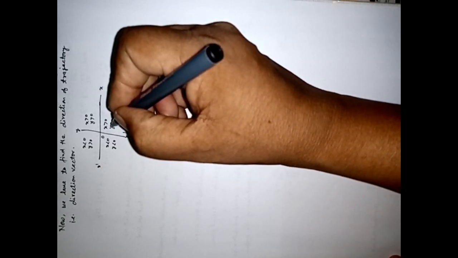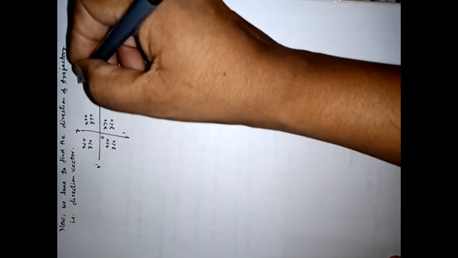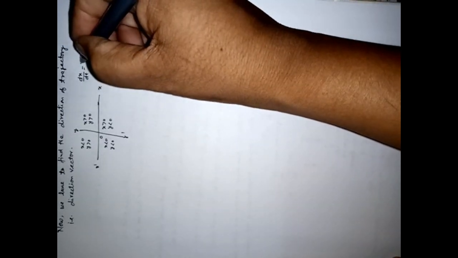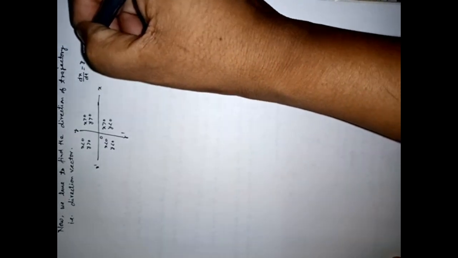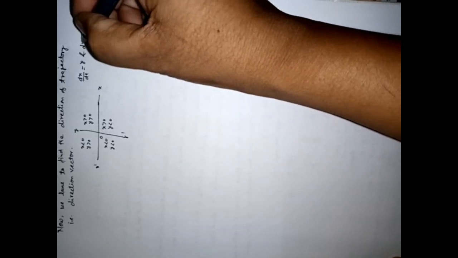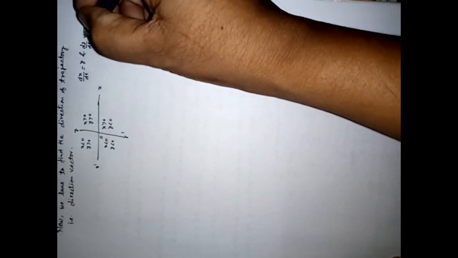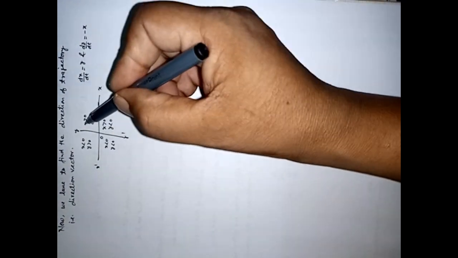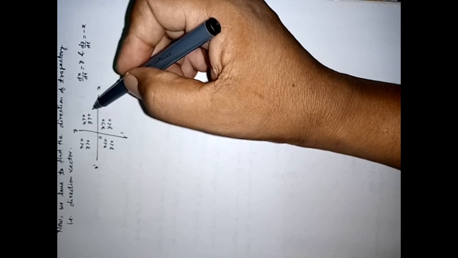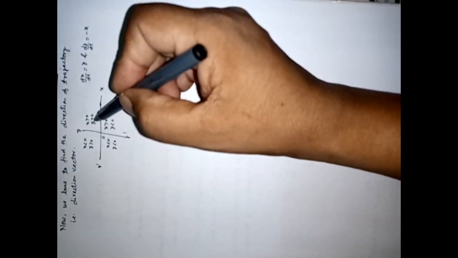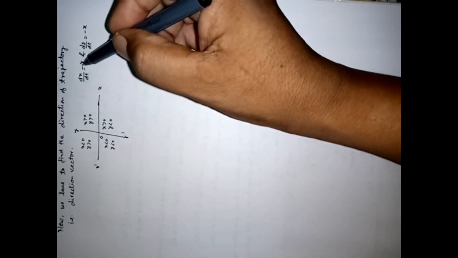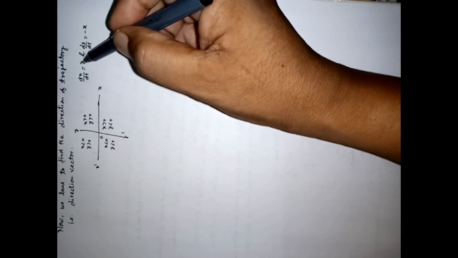And we have the differential equations here: dx by dt is equal to y, and dy by dt is equal to minus x. Here we see that y is greater than 0. So from dx by dt equal to y, if we take y greater than 0, then dx by dt is greater than 0.